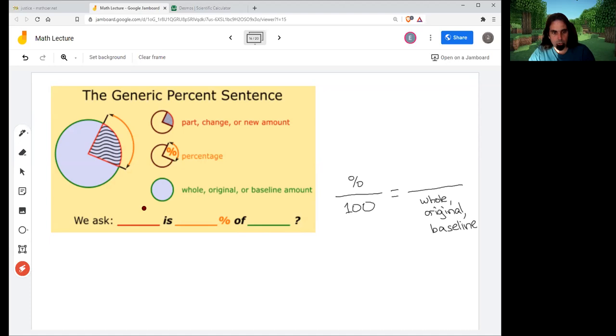Whereas the thing I haven't used yet, that's going to be my part or my change or my new amount. So once we start doing word problems, then you can just sort of jump right to that.